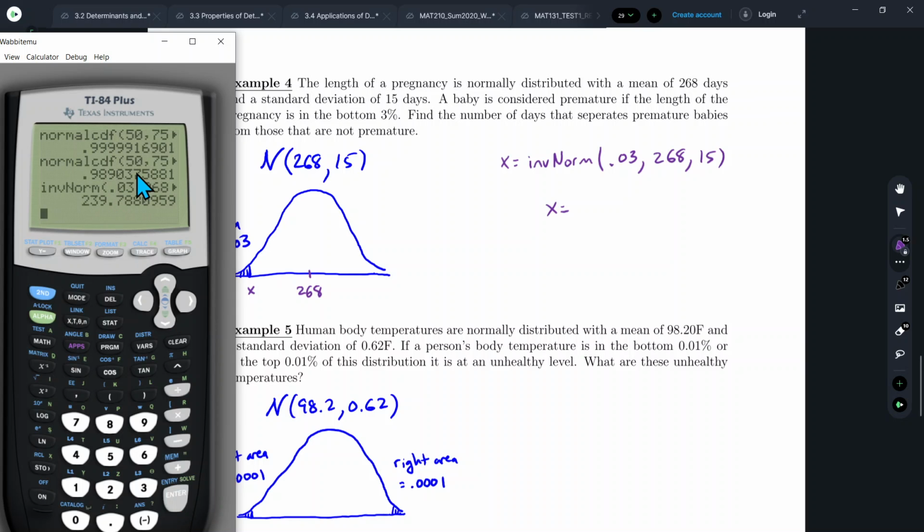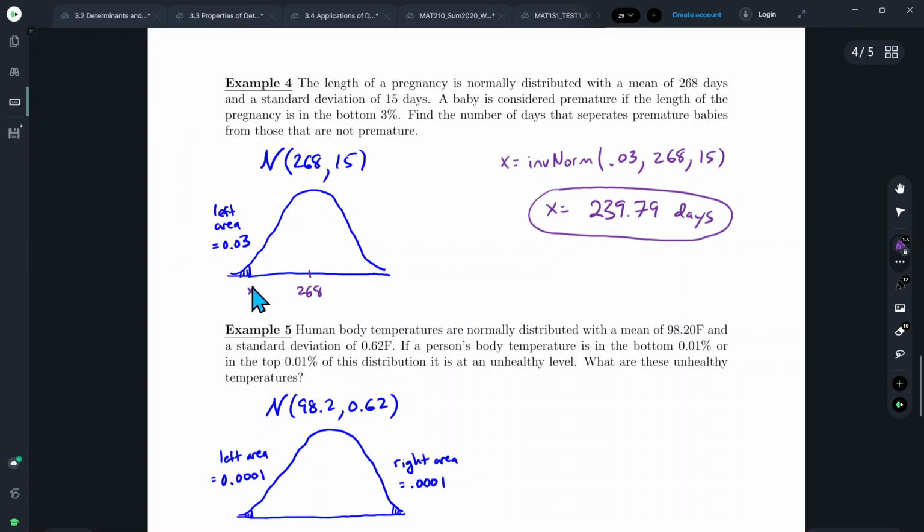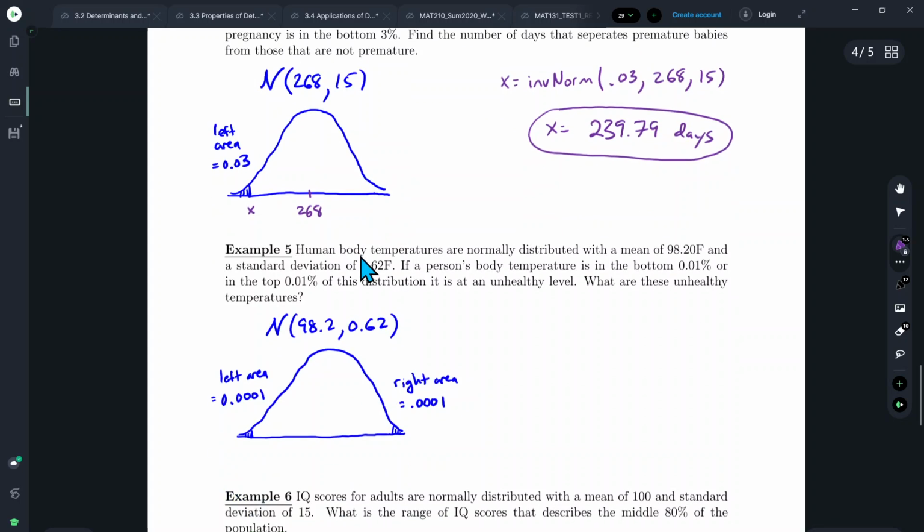When we do the calculation, we get 239.79. It's measured in days. That's what we get as this x value. And again, it makes sense, because the area is pretty far to the left, so the x value should be a bit less than the mean.